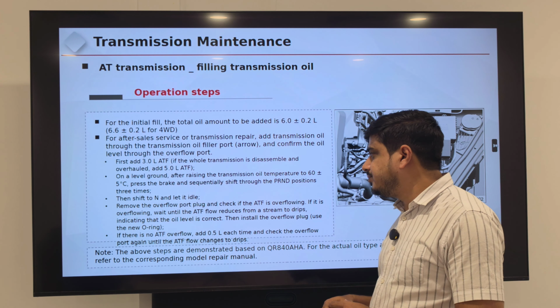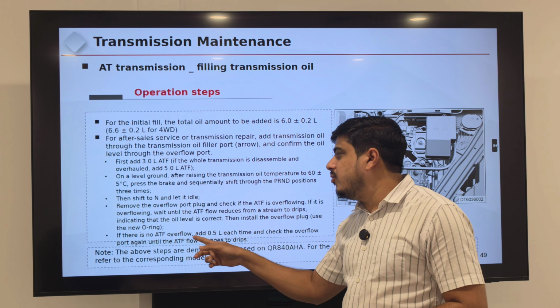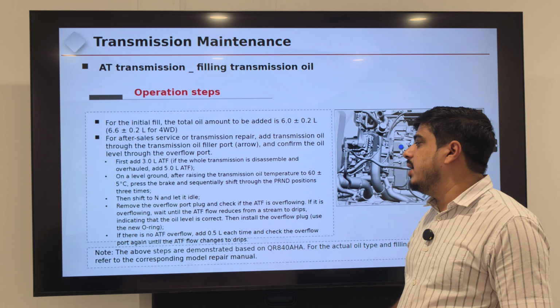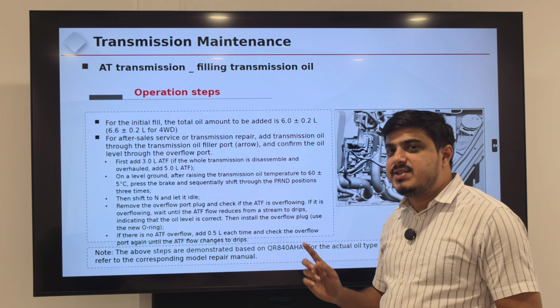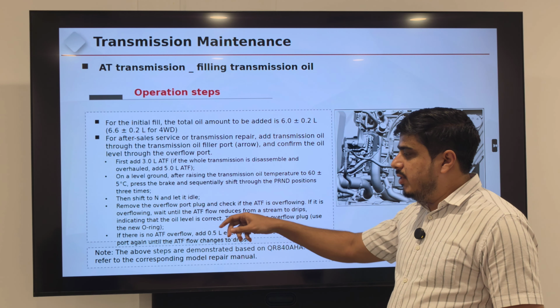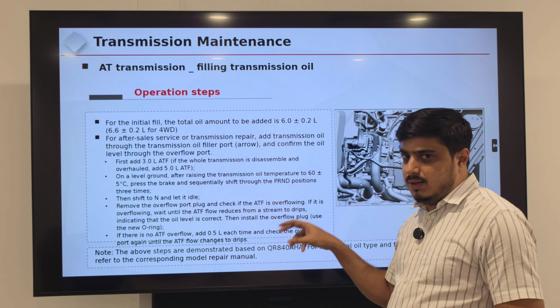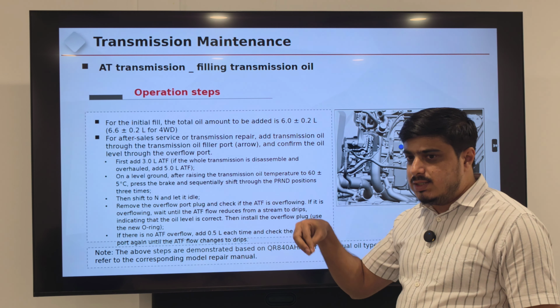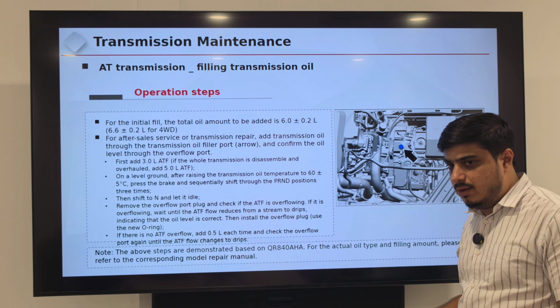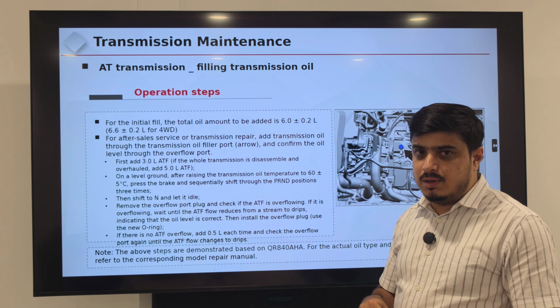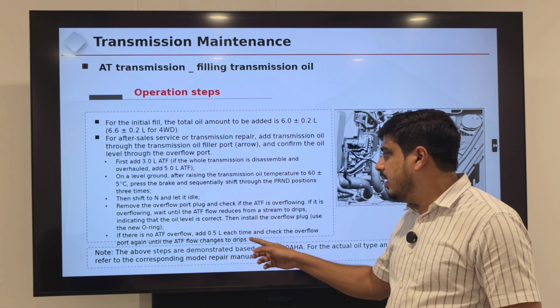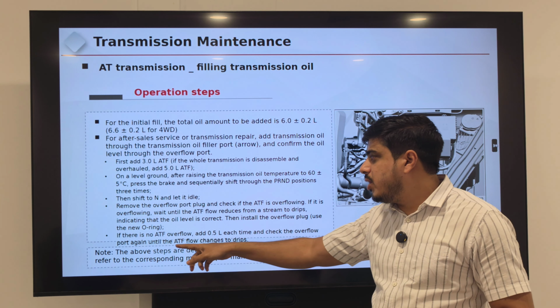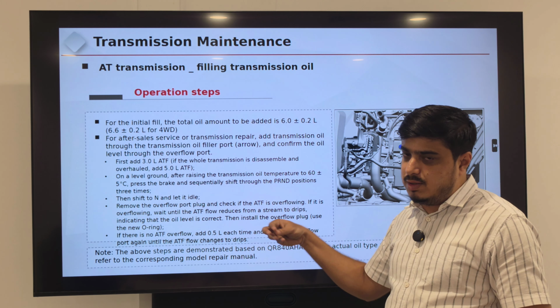If there is no ATF overflow, add 0.5 liter of oil each time. When you remove the overflow plug and the oil is not streaming, it means there is less oil inside. So you have to fill 500 ml of oil back each time and check the overflow port again until the ATF flow changes to drip.